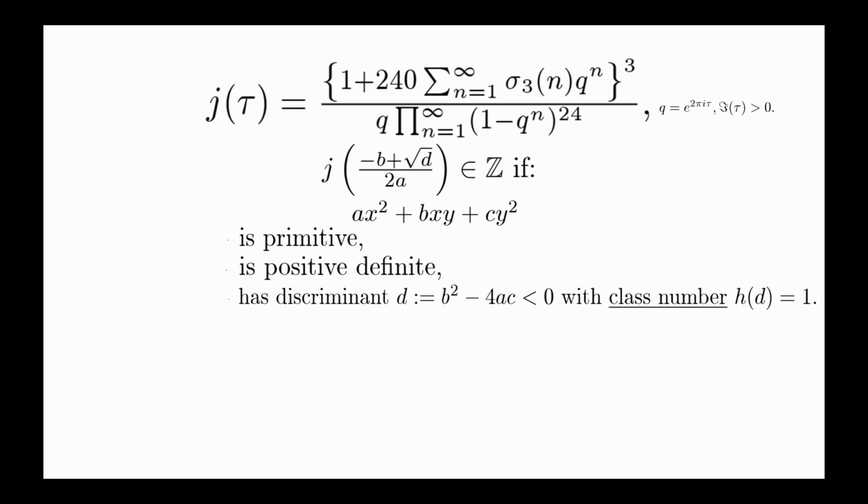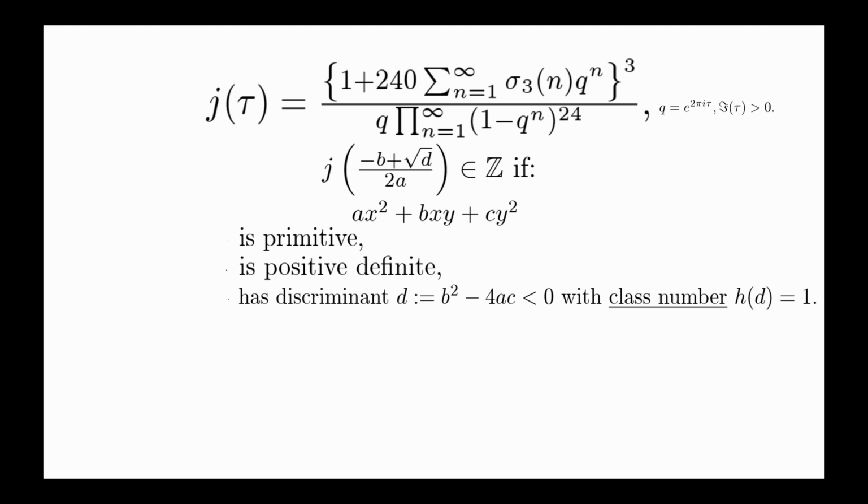Positive definite means that the quadratic form represents only non-negative integers, and it is 0 exactly when x and y are both 0. We require the discriminant to be negative if the quadratic form is positive definite.